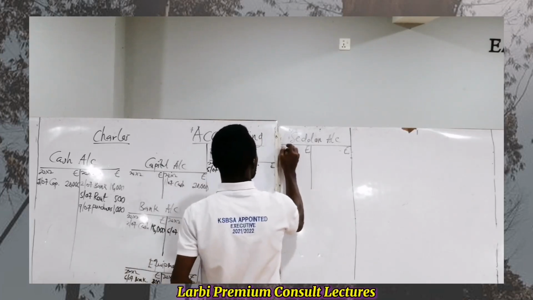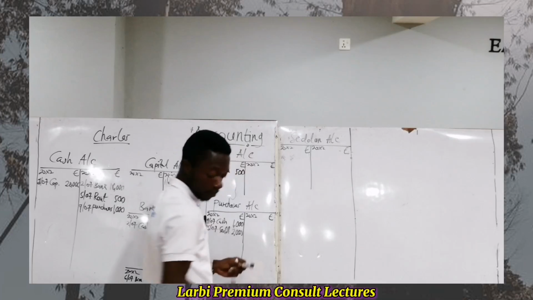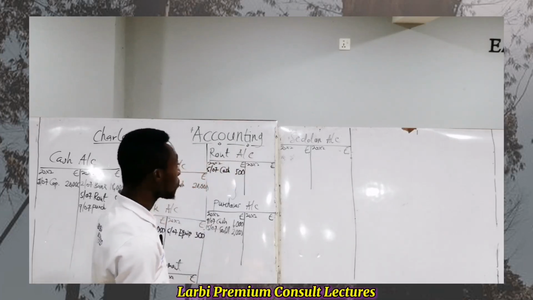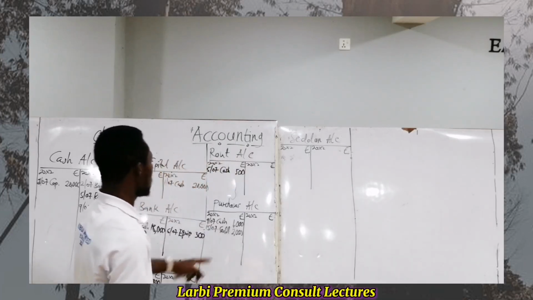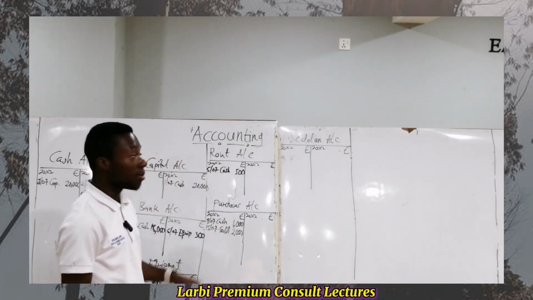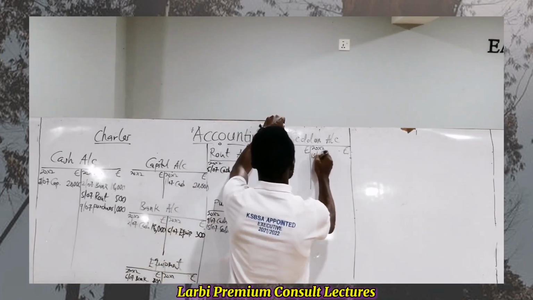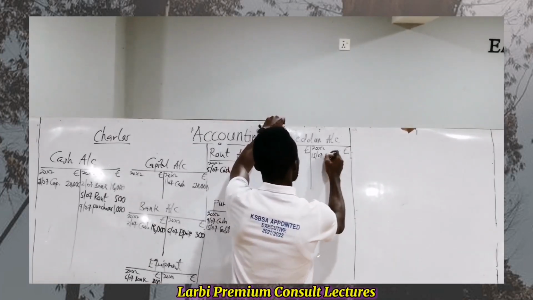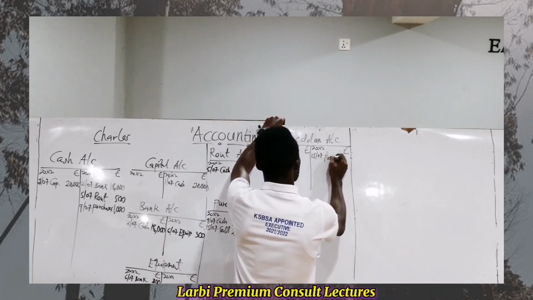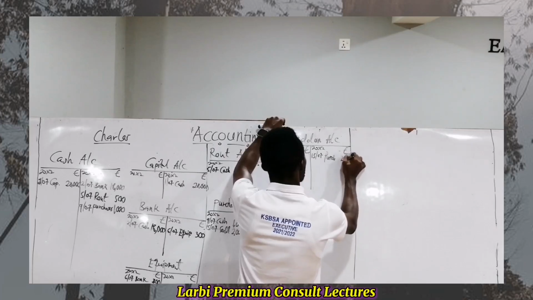Then we have the year. So since Sedon supplied on credit, we are going to debit purchase account and we credit what? Sedon. So the same date we have 15th July in the name of what? Purchases. Let me shorten it. Okay. Then we have 2,000 coming up here.